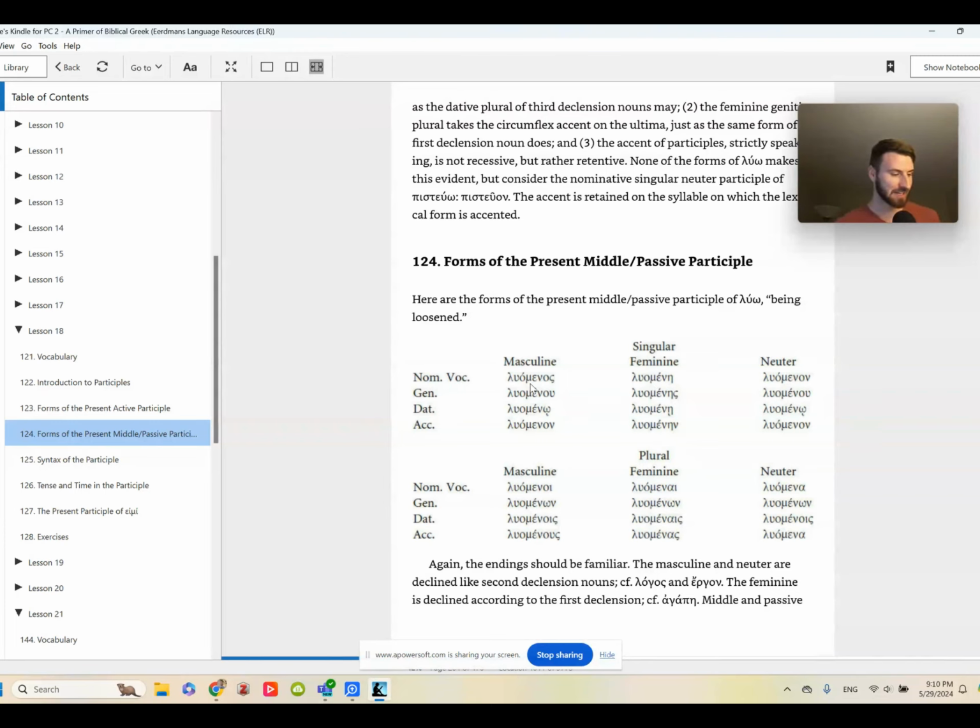In Daily Dose of Greek, Robert Plummer has this way of remembering participles: in church, men are often in the middle. We're in the middle of the pew, and they are passive because they're not paying attention or they're not doing their part.